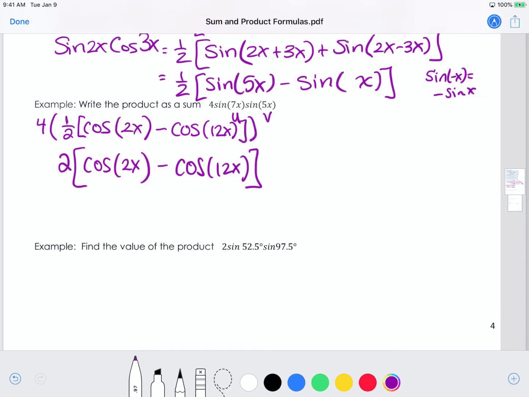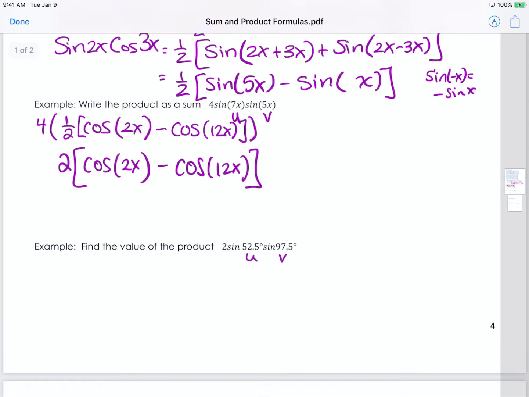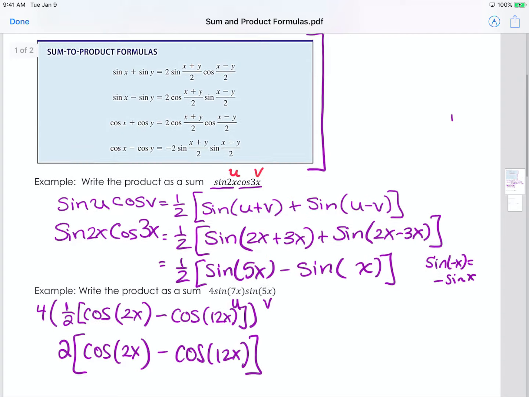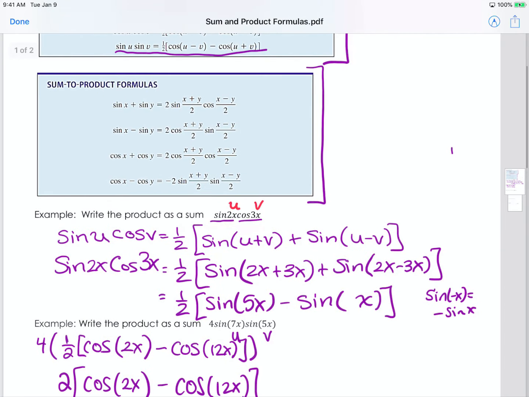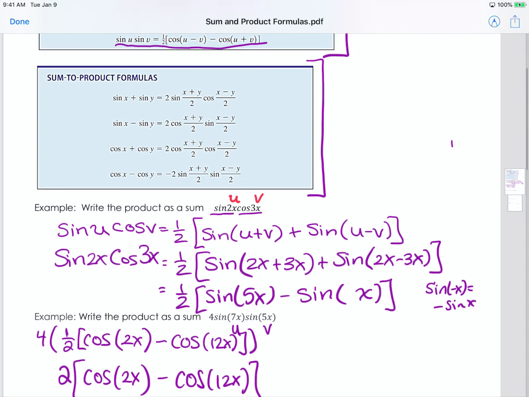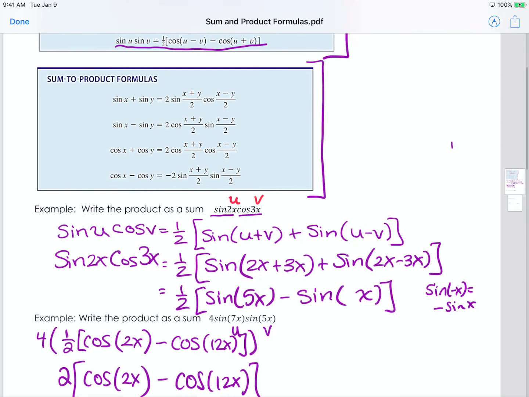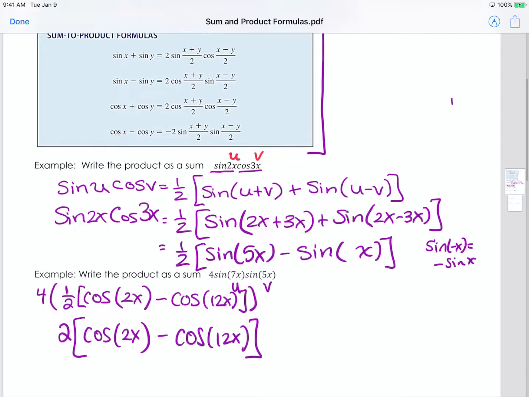The next example says find the value of the product of 2 sine of 52.5 times sine of 97.5. So if we think of u as 52.5 and v as 97.5, and I look back up here at my formula, I have sine u times sine v is 1/2 cosine u minus v minus cosine u plus v.